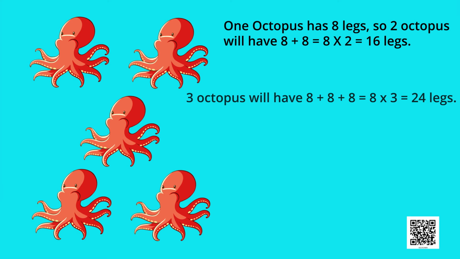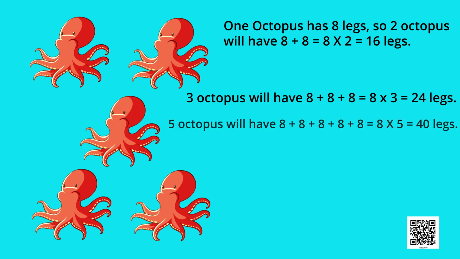Similarly, 3 octopuses will have 8 plus 8 plus 8, which is equal to 8 multiplied by 3, and 8 3s are 24 legs. Same way, 5 octopuses will have 8 plus 8 plus 8 plus 8 plus 8 is equal to 8 multiplied by 5, which is equal to 40 legs.